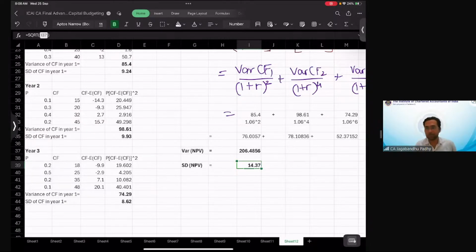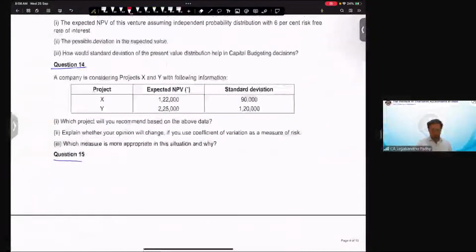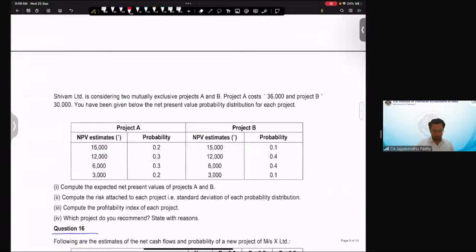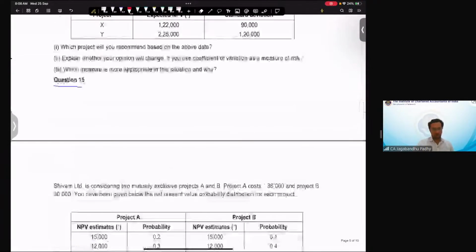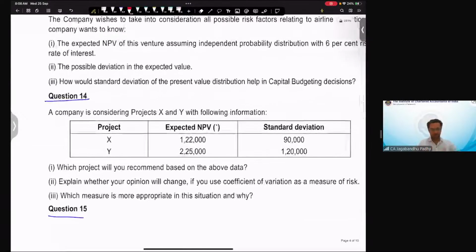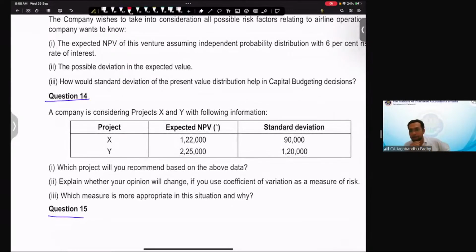Okay. Question number 14, guys. Yes, Sumit. For the entire project standard deviation calculation, variance has to be taken.